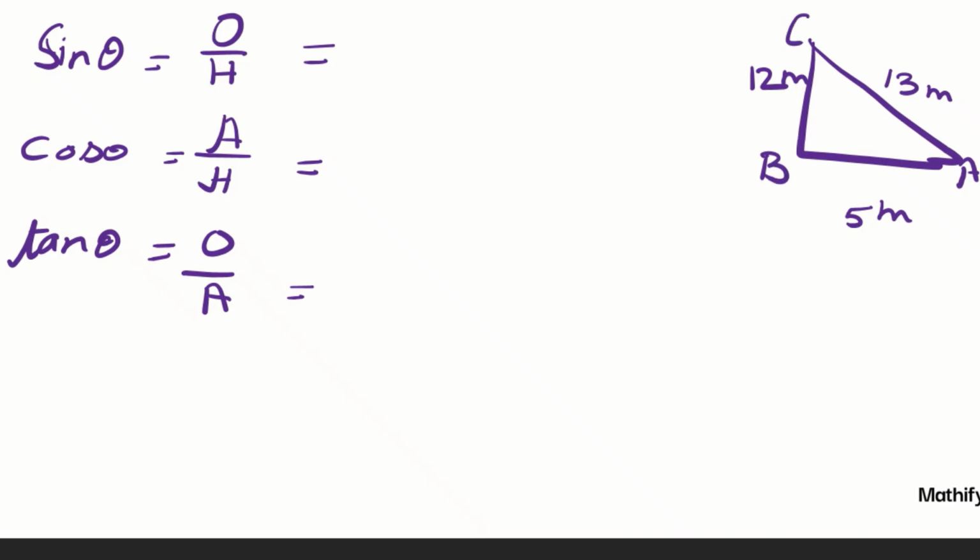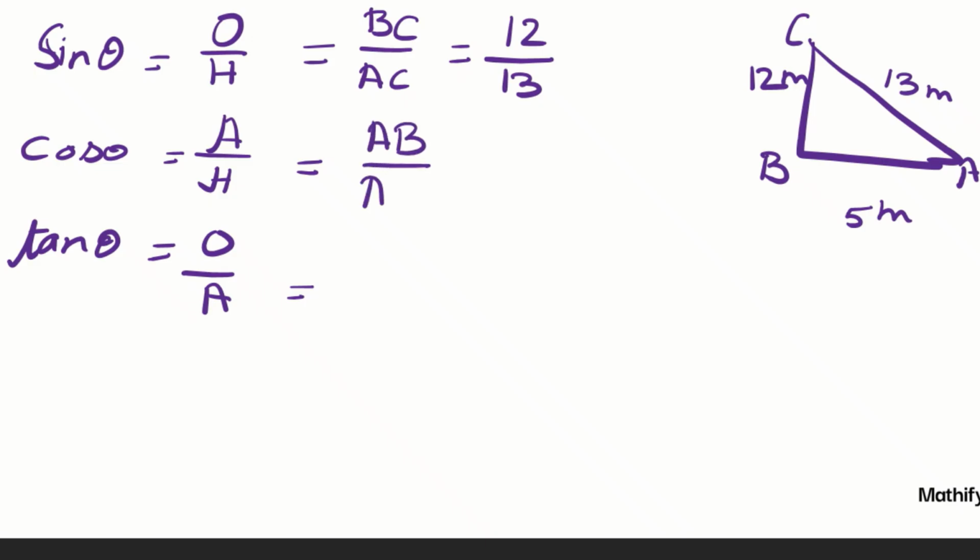So opposite, which side is opposite? Opposite is BC over hypotenuse is AC. This will give you 12 over 13. Adjacent is AB. Hypotenuse is AC.